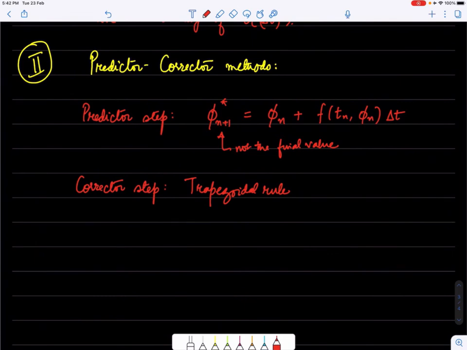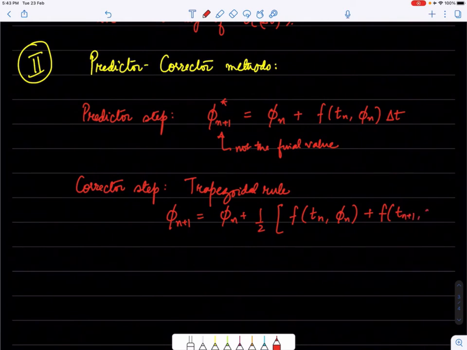So we'll write phi n plus 1 to be phi n plus half of the derivative evaluated at time Tn with value of the function phi n plus f at Tn plus 1 comma phi n plus 1 star, which is the predicted value, into delta t. So that becomes the corrector step.